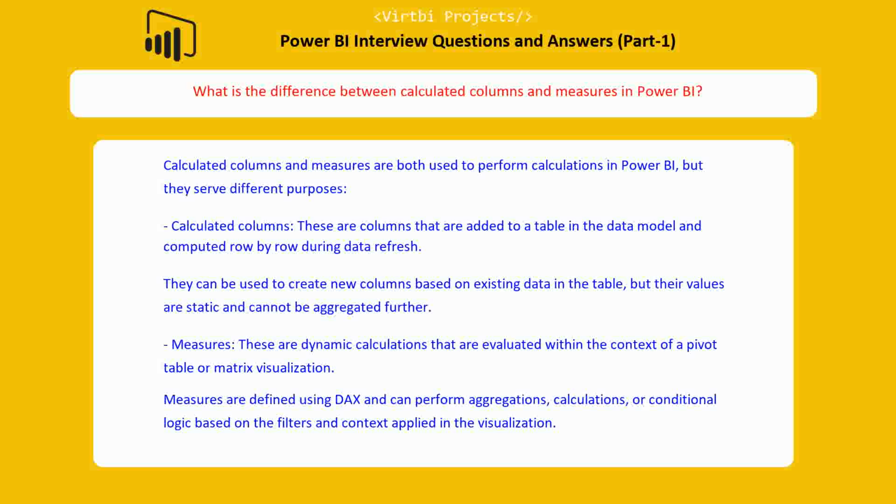They can be used to create new columns based on existing data in the table, but their values are static and cannot be aggregated further. Measures are dynamic calculations that are evaluated within the context of a pivot table or matrix visualization. Measures are defined using DAX and can perform aggregations, calculations, or conditional logic based on the filters and context applied in the visualization.